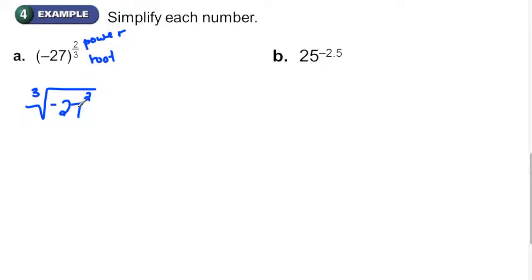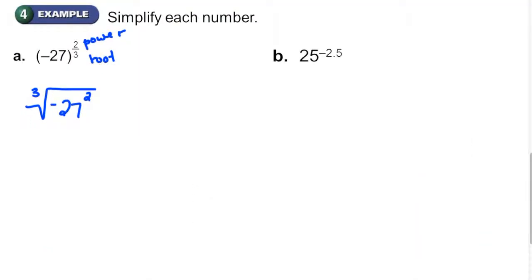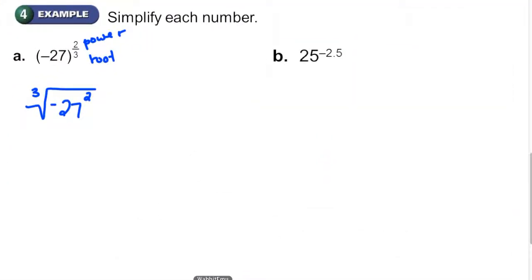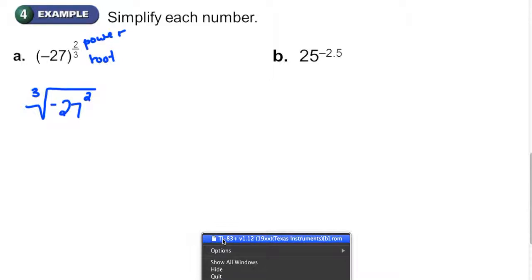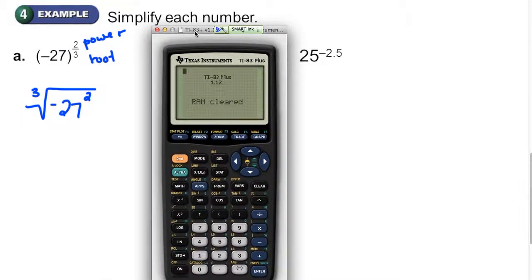Okay, so now going to the calculator. Oh, I did not mean to do that. Well, I'm going to have to fix that. Pull this calculator up. I like this one anyway.